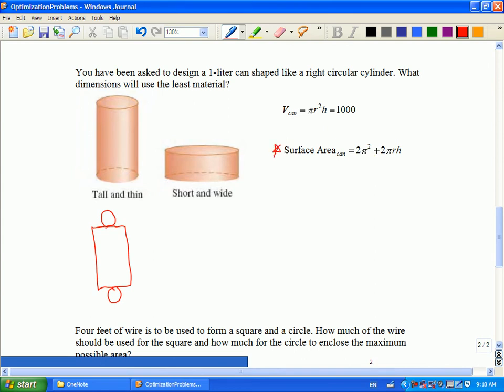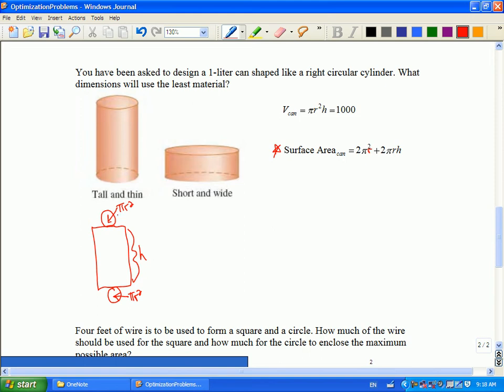Each one of these here has an area of pi r squared. So there's actually an r missing up there. If you think about the dimensions of this can, the can is some height. Its width is the same as unrolling that circle, because if they don't match up, the circle won't close, right?